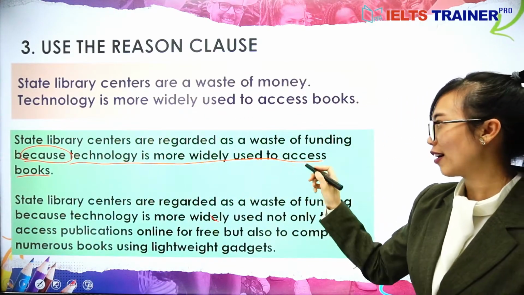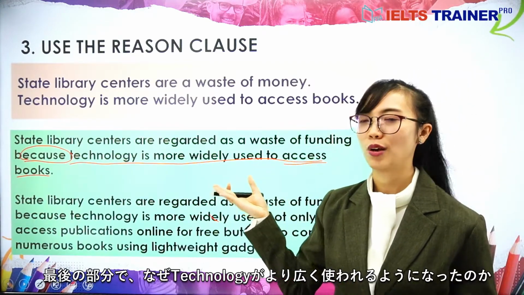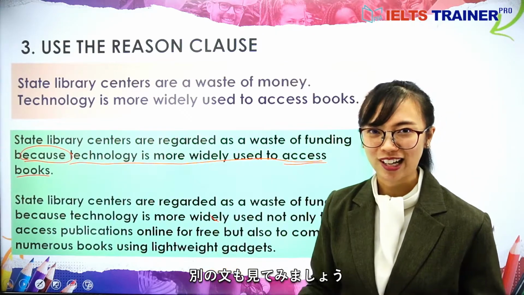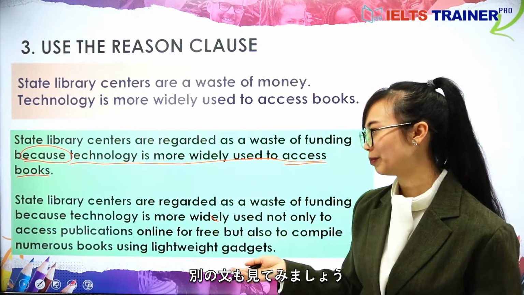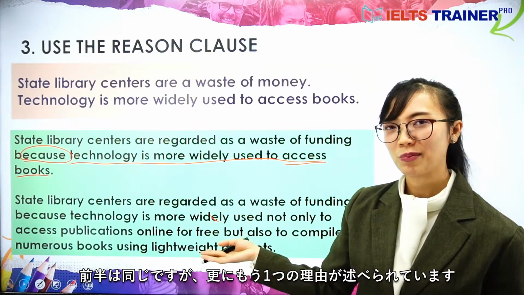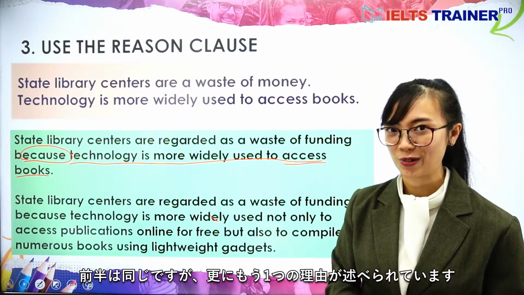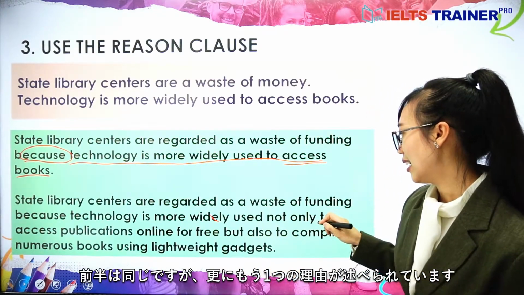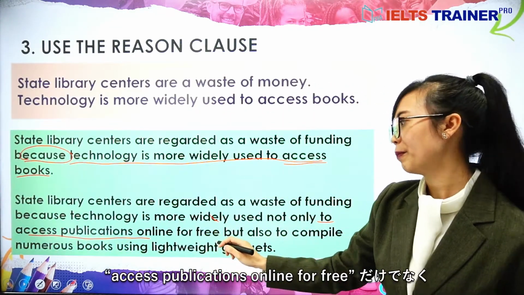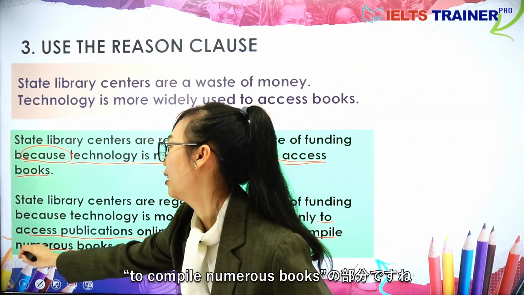So the first part, I should say the last part, explains the purpose why technology is more widely used, not as a variation in the second sentence. The first was also used, but we may state two purposes why technology was more widely used, and that is because it can access publications online for free, and also to compile numerous books.